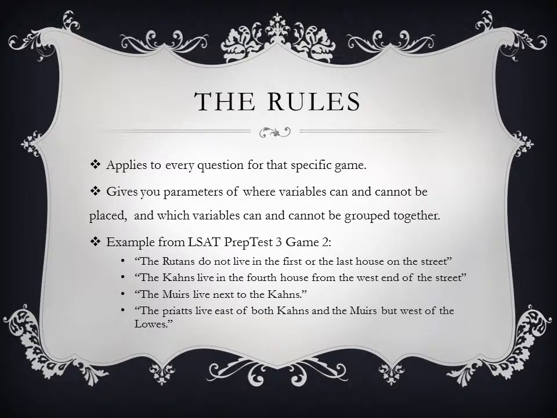If we looked at the scenario only and not the rules, for this particular game, there are over 5,000 combinations that you can have, right? If we look at only the second line in the rules, the cons live in the fourth house, and apply that line to the scenario, we've narrowed it down to 720. And that's just with that one line.